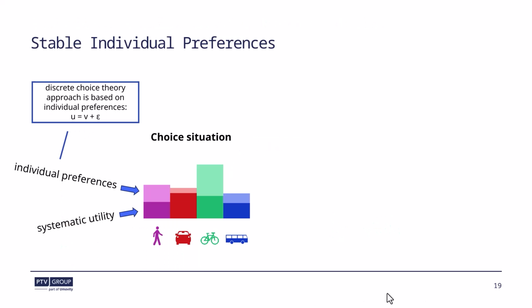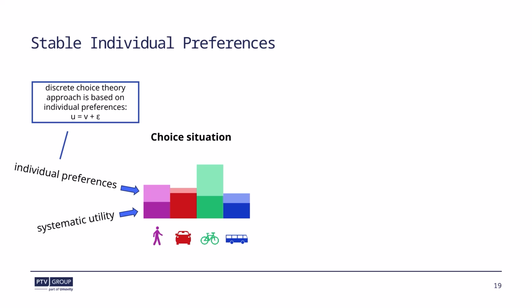To understand what we do differently from other ABMs, we need a bit different look on the situation. So actually, the discrete choice theory of logit models is based on individual preferences and not only on the systematic utility. As you see here in a choice situation, the utility of each alternative consists of two parts. One part is a systematic utility, something like travel time, waiting time, and so on.